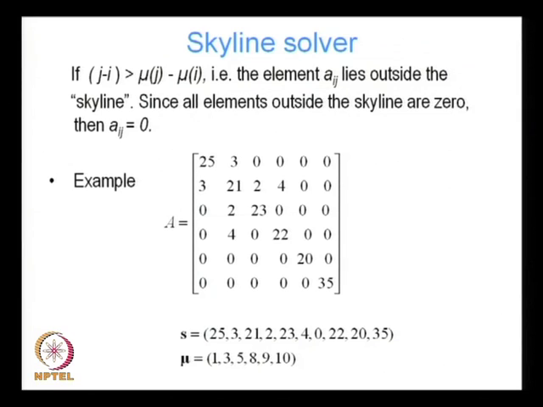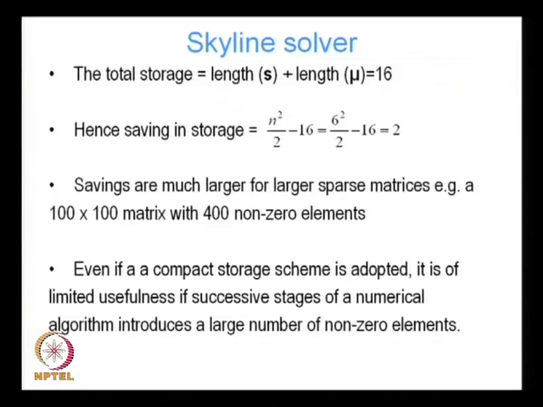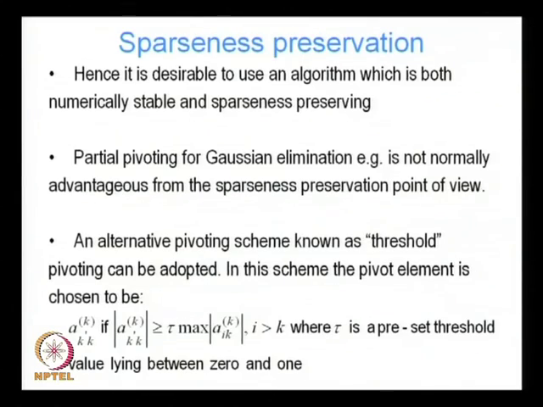So it is advisable to try a pivoting scheme which does not increase the number of non-zero elements. Hence it is desirable to use an algorithm which is both numerically stable and sparseness preserving. Why?